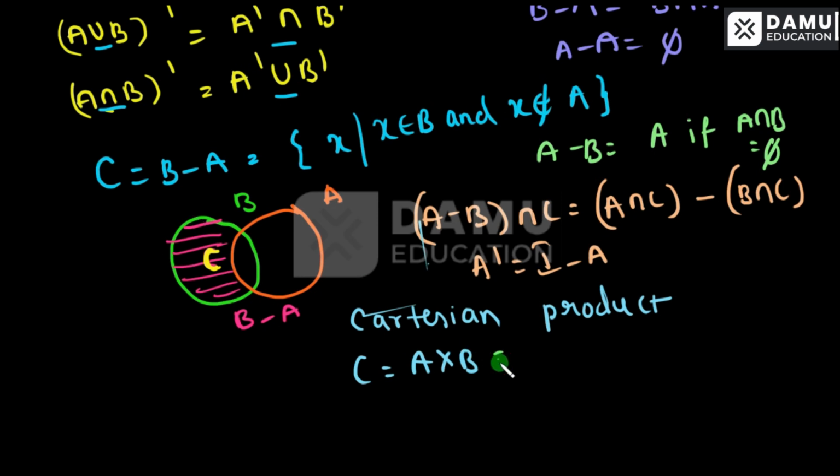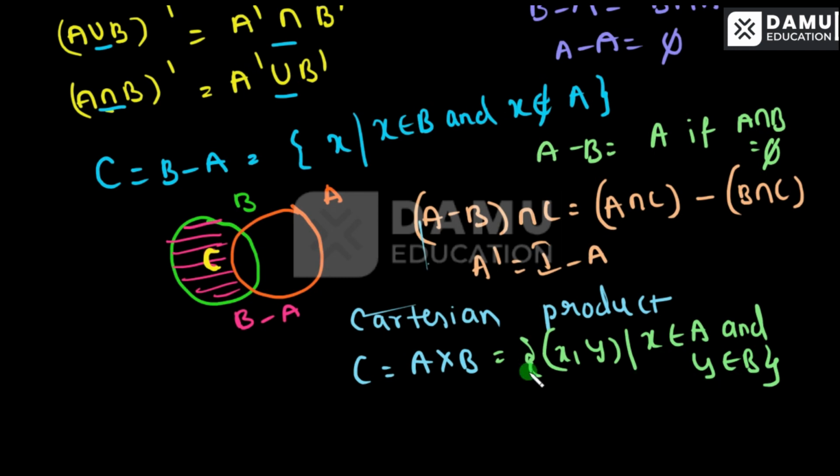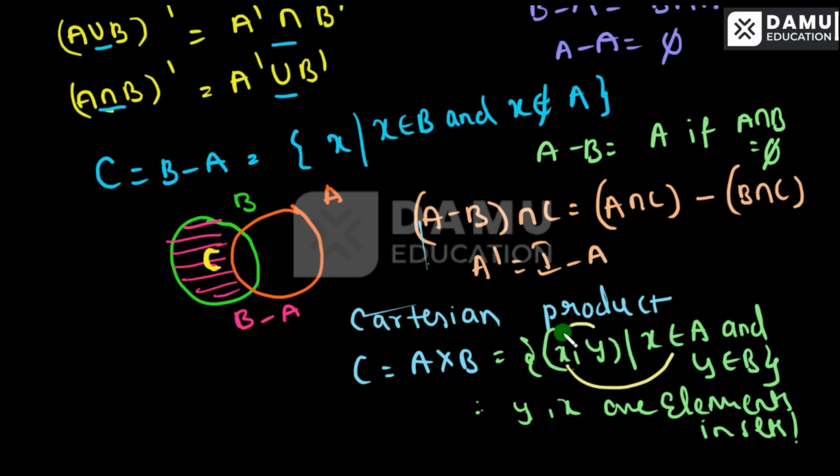A cross B will be equal to, in set builder form, (x, y) such that x belongs to A and y belongs to B. Here x and y are elements in sets. We'll write it in the format of (x, y) like that. So all x and y elements are there. x should be present in A, y should be present in B, like that.